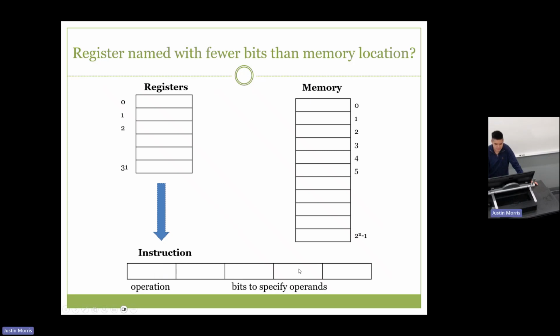And then you have these other fields which can be used for other things. One thing that you're mentioning is this operation could just tell you that it's an R type. R type just tells you that the two operands are both registers, and then you need this last field to tell you whether it is add or subtract.